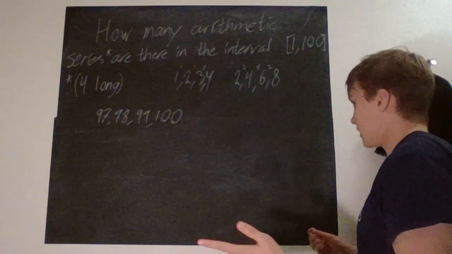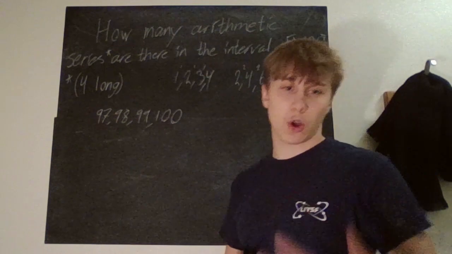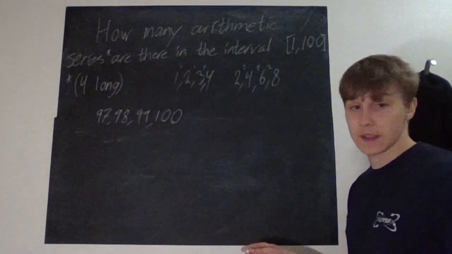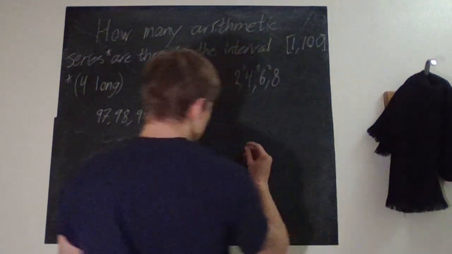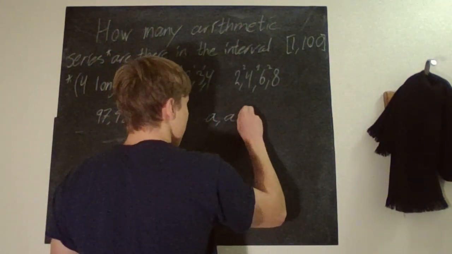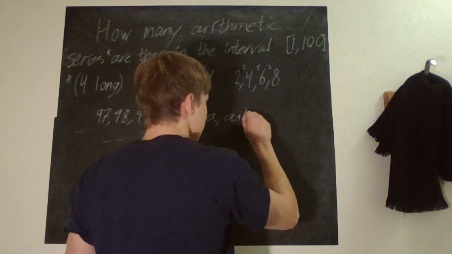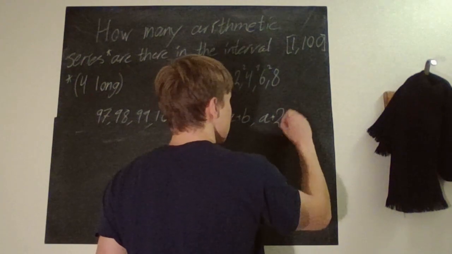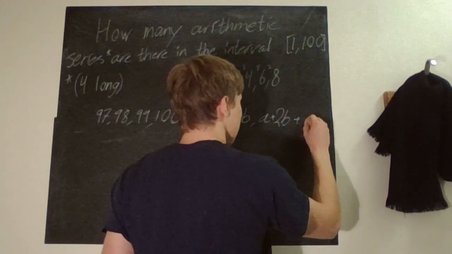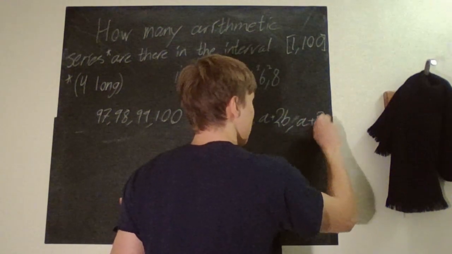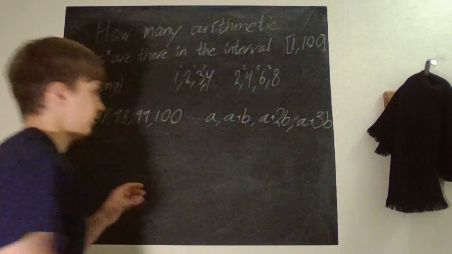describing this series. Okay, so we want the difference to be constant, and we'll call that difference, say, b, and our starting point, a. So we know that an arithmetic series is always of the form a, then a plus b, then a plus 2b, and then the last one will be a plus 3b.